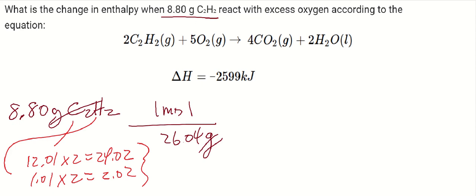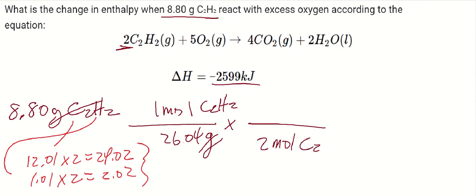Grams cancel out. And now for every 2 moles, it's going to produce 2599 kilojoules of energy. Cancel. 8.8 divided by 26.04 times negative 2599.